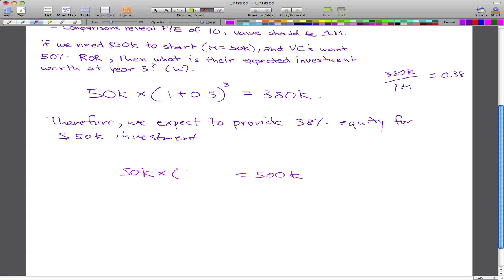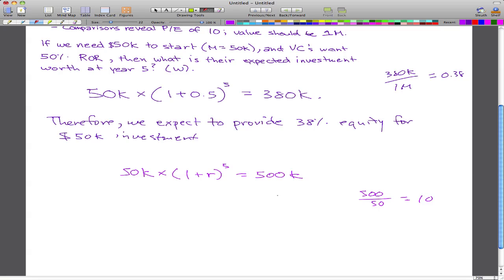It's 50K times one plus the rate over 5 years. So if they want their expected investment at year 5 to be worth 500K, we just take 500K divided by 50K, which is 10.